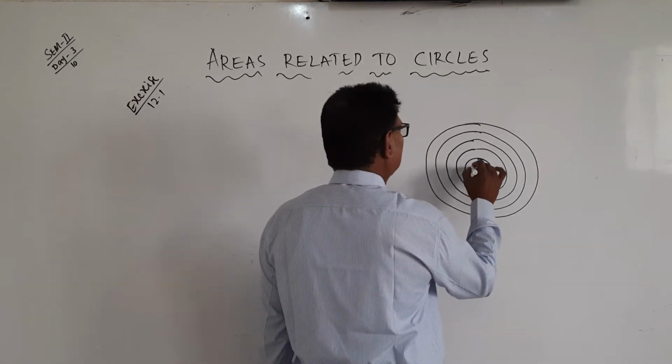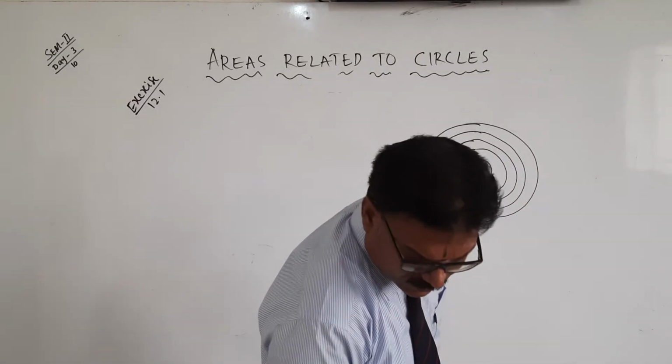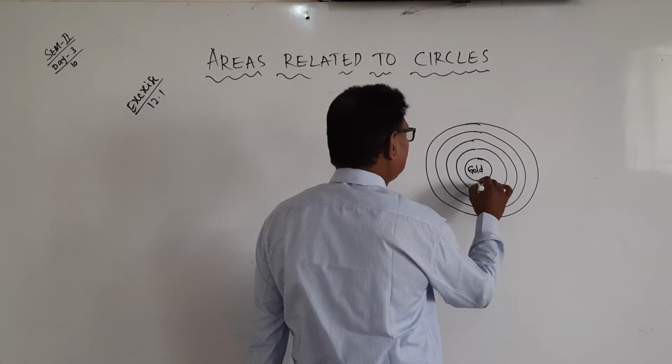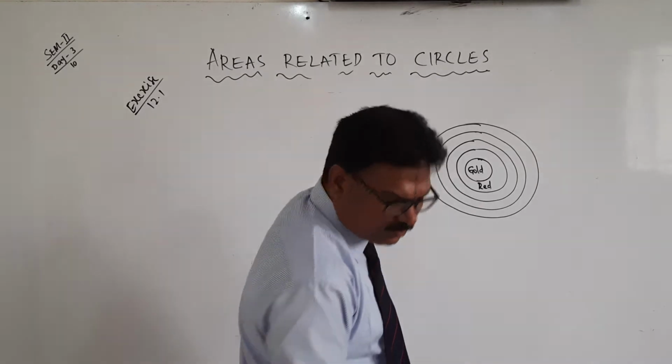First one is gold. Second one is red. Third one is blue.